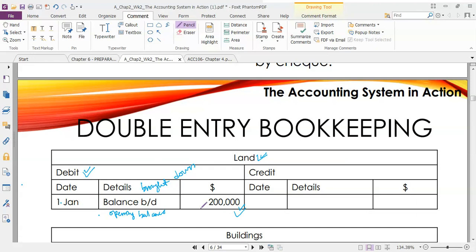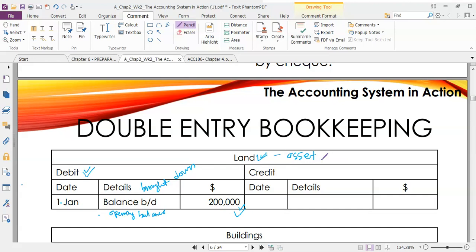We put land on the debit side, 200,000 for opening balance. The answer is because land is our asset element, right?